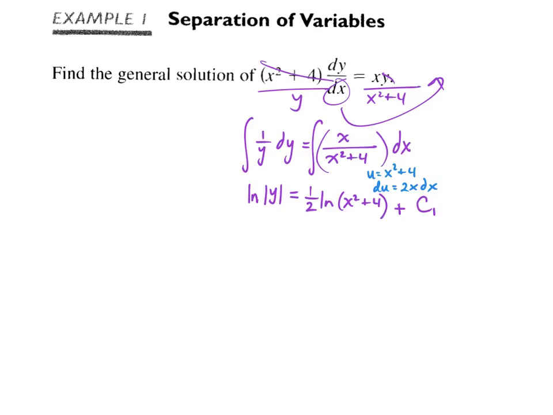In fact, I can even bring my 1/2 up just to simplify it a little bit more and have it just be the ln of the square root. That way, if I e each side, there's got to be a better way to do that. Write it exponentially.